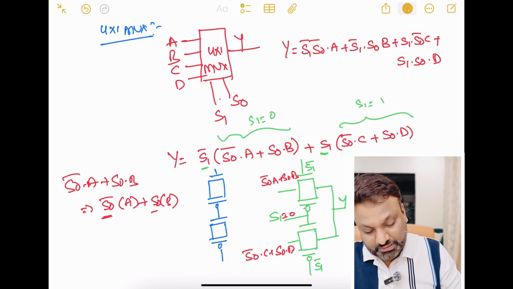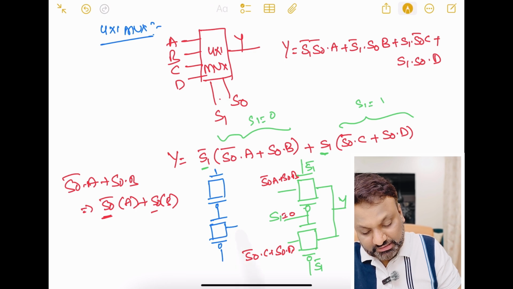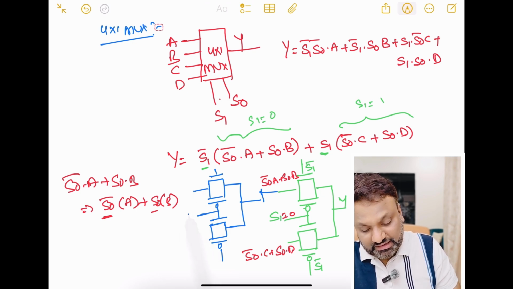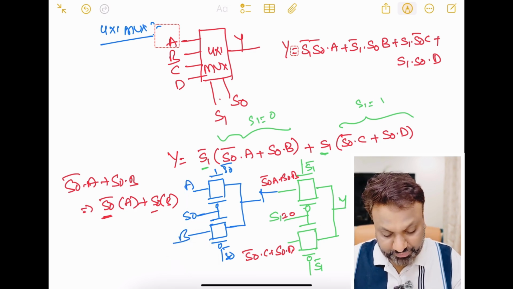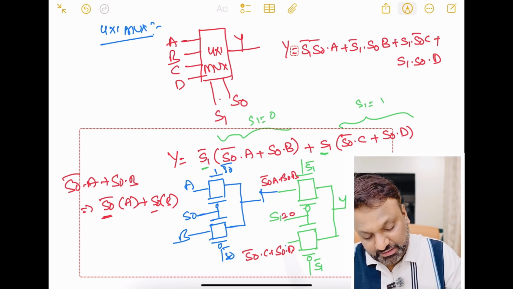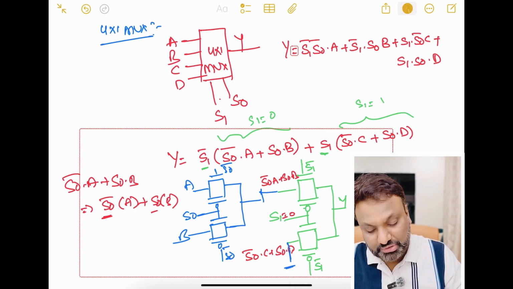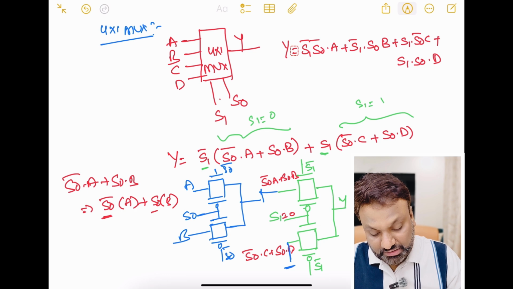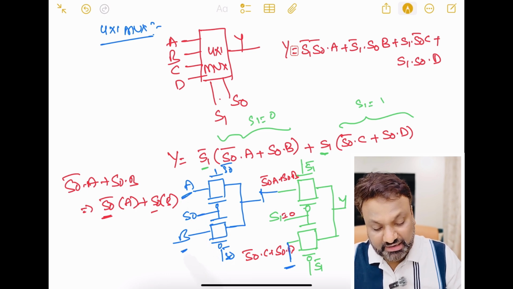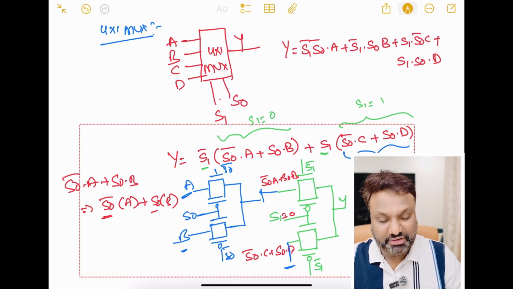I will connect this and give it to one of the inputs of the pass transistor. What is given here is S0 and this is S0 bar. My inputs here are A and B. Similarly, for this other transmission gate, we need another circuit where my inputs will be C and D.